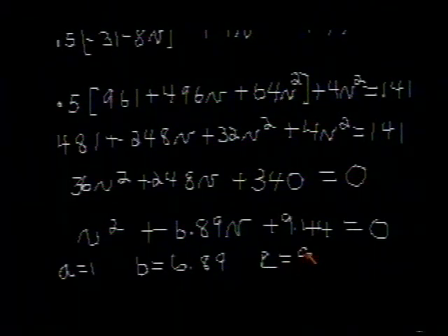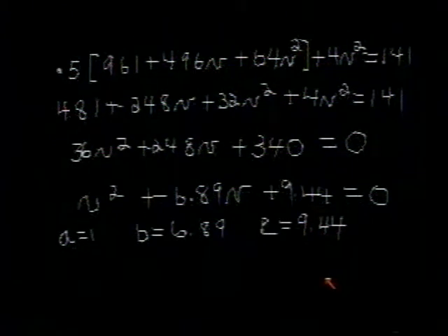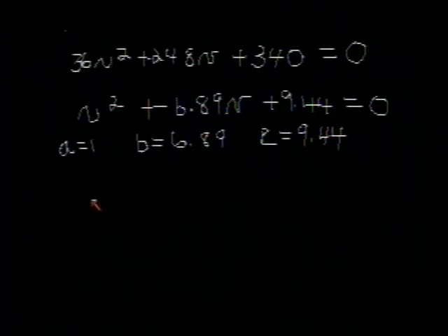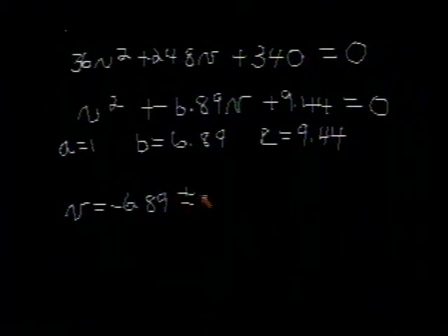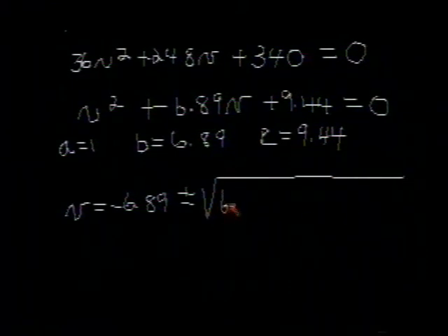And using the standard equation for solving that, I have that v is equal to minus b, that's minus 6.89, plus or minus the square root of b squared, which is 6.89, that quantity squared, minus 4ac, that's minus 4 times 1 times c, 9.44.